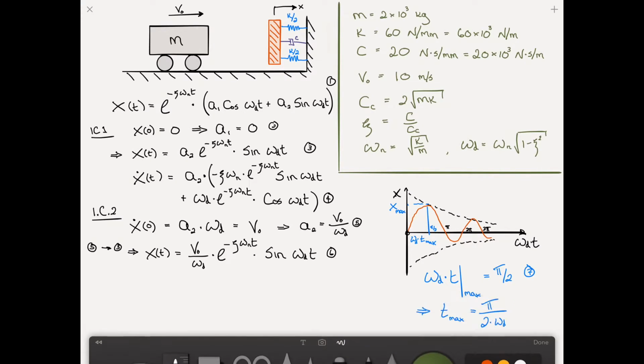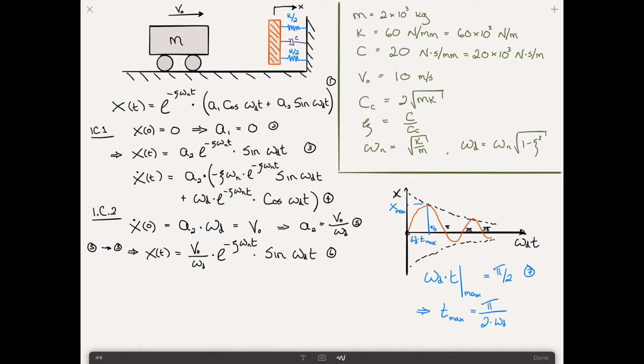All right, so finally, solving for x max, this would be x max is equal to x of t max, which is equal to, well, we know the sine is going to be 1, right? Because the sine function at this point is 1. If you substituted this value in for t here, you would get sine of pi by 2, which is 1.